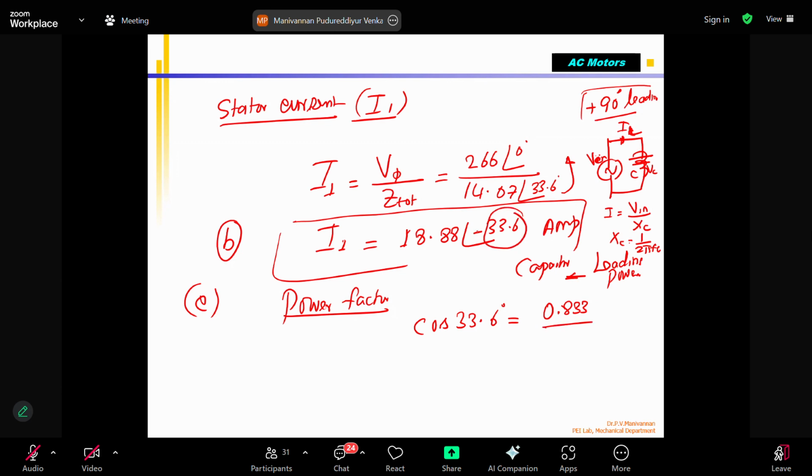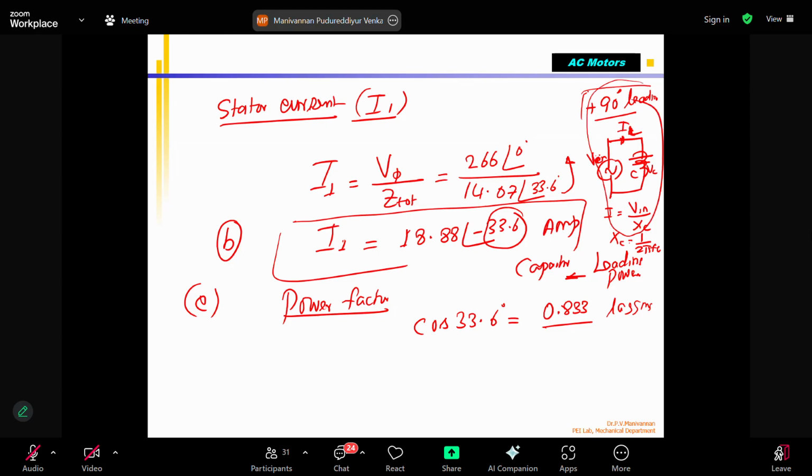The minus sign means it is called lagging power factor. If the angle is plus, when you find the power factor, take the value directly, cos of this value, and depending on the sign, you say whether leading or lagging. Correct? Here it is lagging, being an inductive load. So this is for information only, for the capacitor.